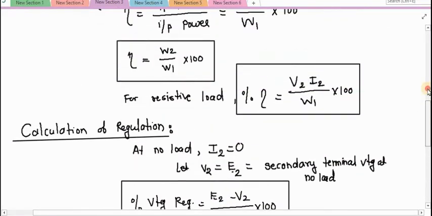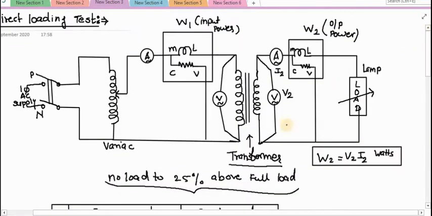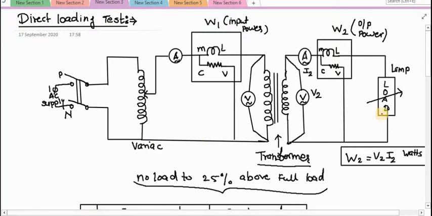So this is all about the direct loading test on the transformer. Direct loading test means we are directly connecting the load across the secondary side, and by dividing the output power of the load by the input power taken from the supply, we can find out the efficiency as well as the regulation by directly loading the transformer.